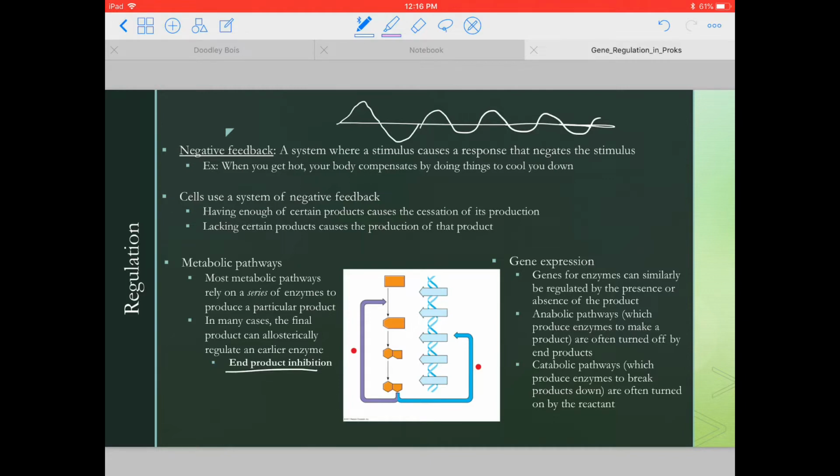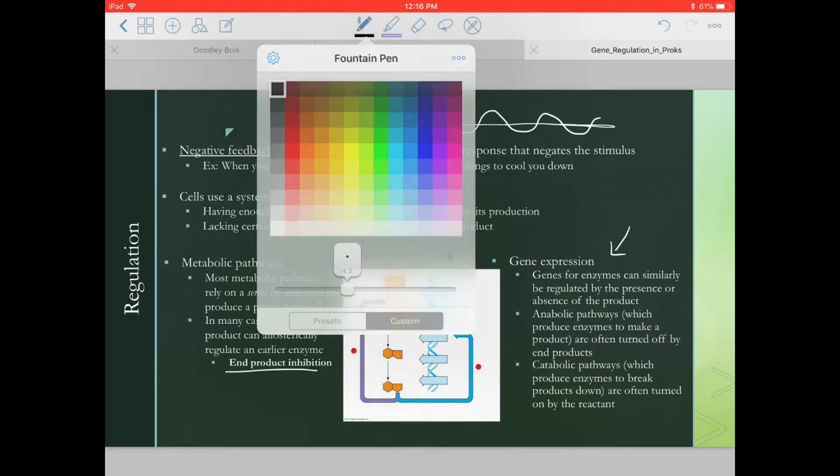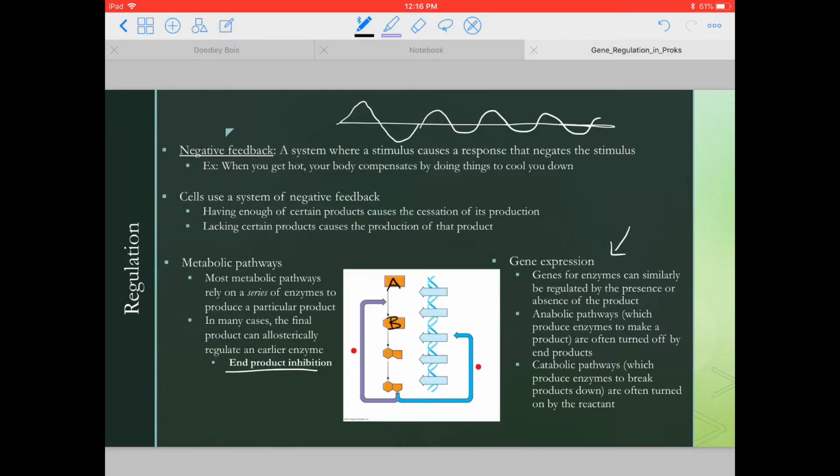On the gene expression side over here, you can actually have the gene product. For example, let's say that we've got A, B, C, and D here. If we've got these various enzymes that are converting A to B, B to C, C to D, then whatever this product here is can actually inhibit the gene for the enzyme from being produced.